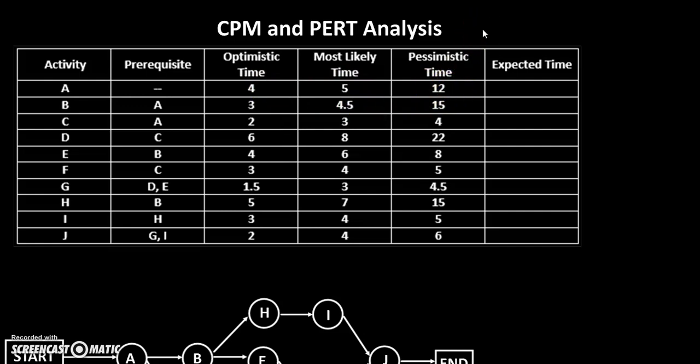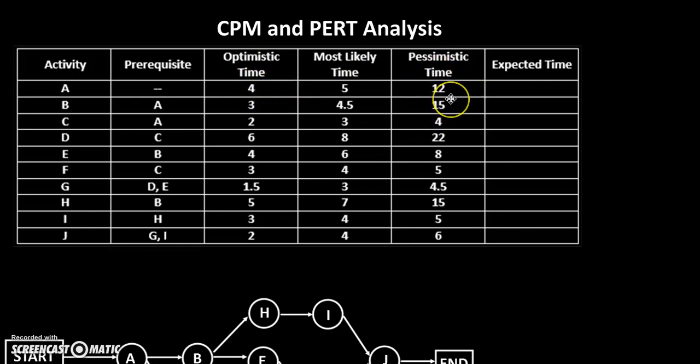What these times actually represent is this: the optimistic time is the length of time that it would take that particular activity if absolutely nothing went wrong. Everything went exactly the way that it should and everything got done in the most efficient manner possible, it would take the optimistic time.